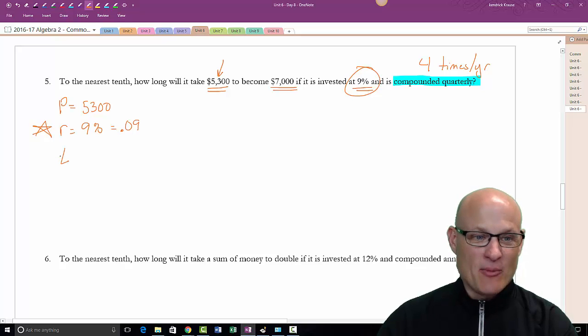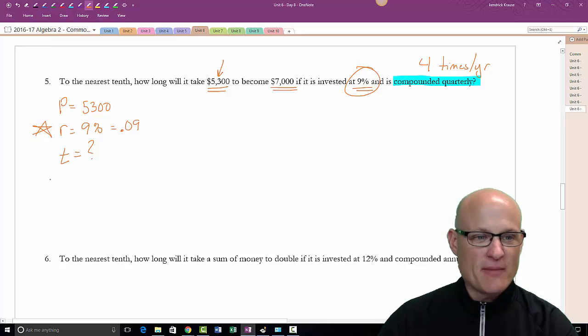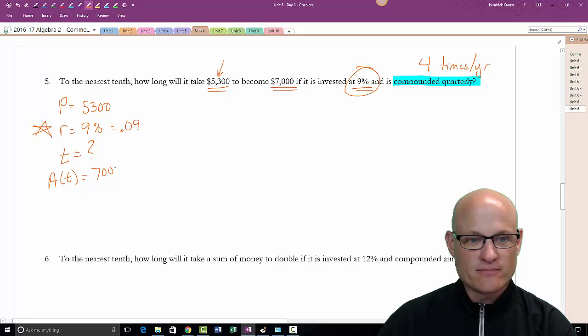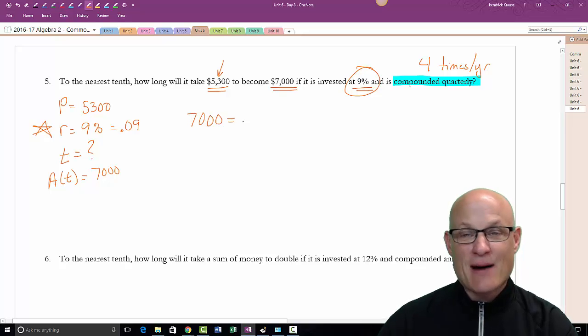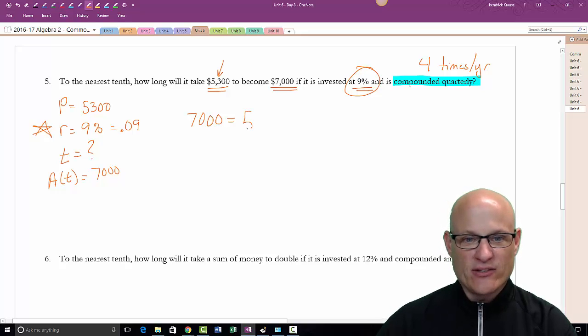It's asking me how much time, so clearly that has to be the question mark. And I know my final amount, my A sub t. My final amount is $7,000. So we're going to take $7,000 compounded quarterly, so that's the one with the n's. And n equals 4.